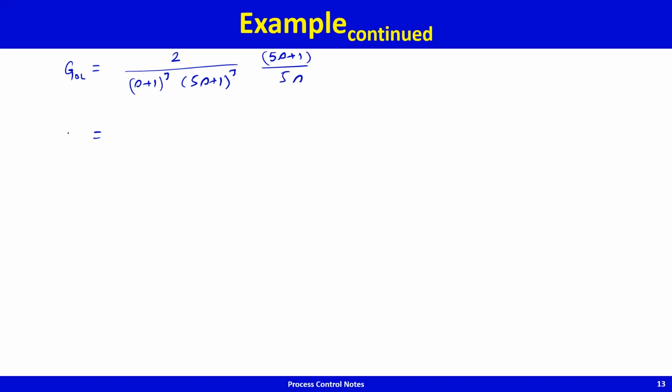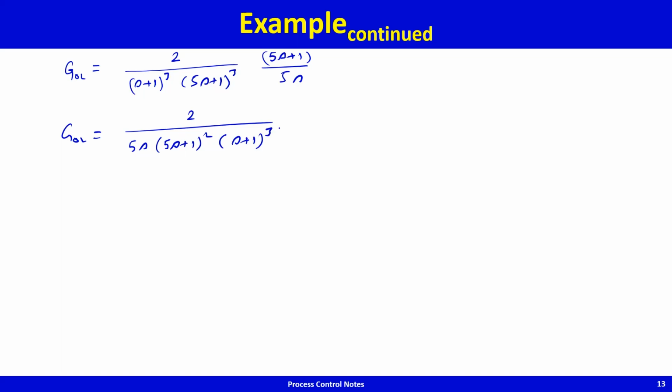So that gives us a G open loop of 2 by 5s into (5s plus 1) whole square into (s plus 1) whole cube.